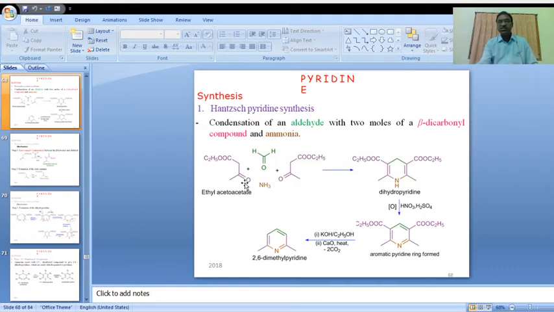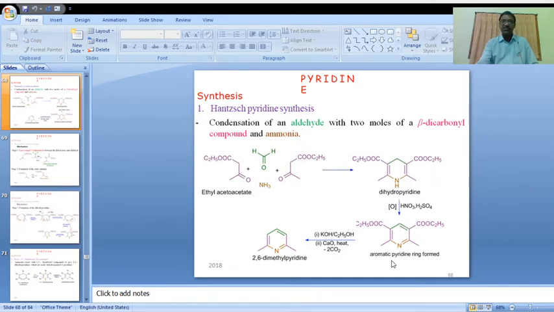In the first step and second step we discussed, the addition of these compounds gives a dihydropyridine. In these final 3 steps, we are getting the dihydropyridine.